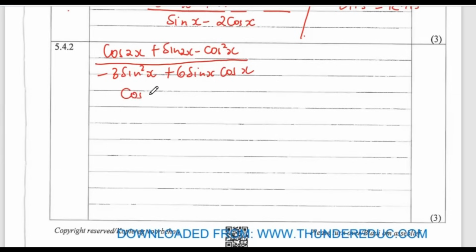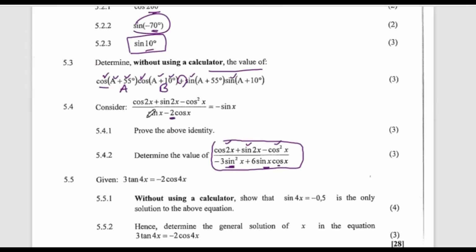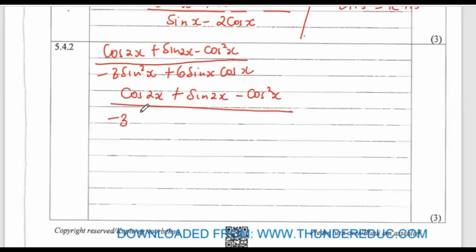So I'm going to have cos 2x plus the sine 2x. I'm not going to expand anything. I'm just going to reduce it. So we are saying something extra was added here. So I'm going to take that extra. Since there was a 2 here, and there was nothing here, I'm going to take whatever is in front of it, which is a 3. So negative 3 must come out, but it must be a negative 3 sine.